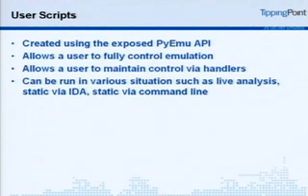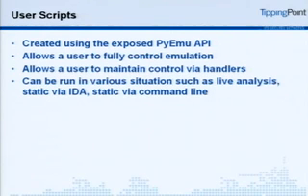So user scripts, the top part of that graph we looked at, is created using the exposed PyEmu API, allows the user to fully control emulation, allows someone to maintain control via handlers, and can be run in various situations. Like I said, you can run it on a live program or process that you're debugging.